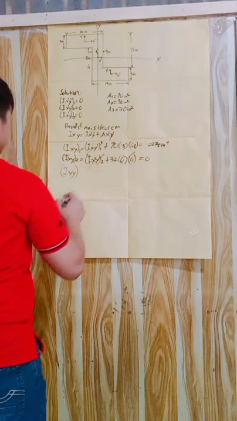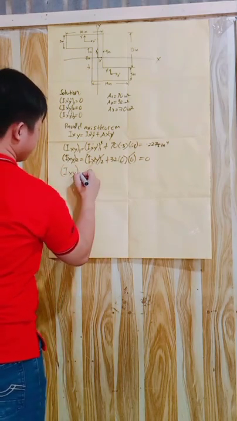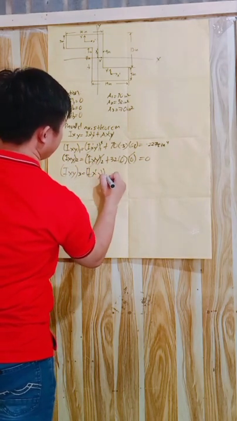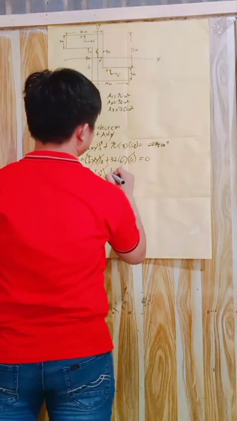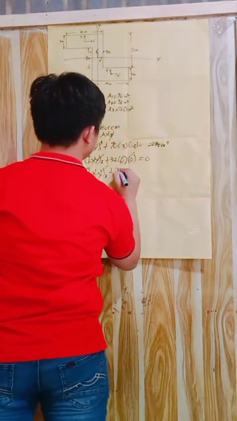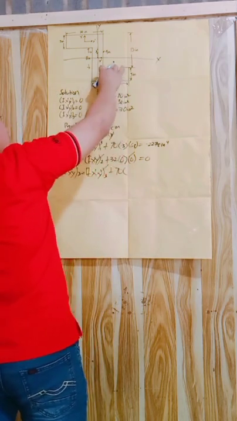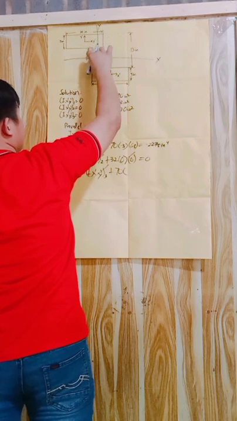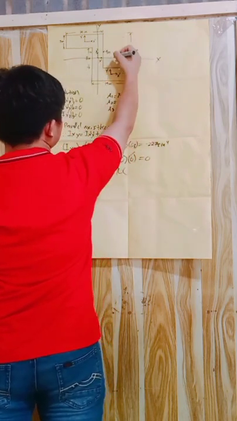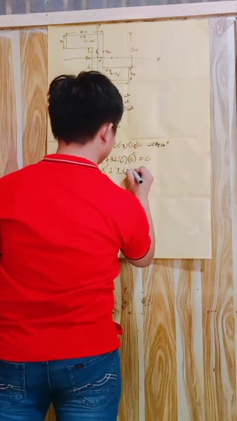So Ixy of 3 is equal to Ix'y' of 3. So this will cancel. Plus, what is the area of this? 70. Multiplied by the distance of the centroid to the origin axis, which is positive 5 because it is on the positive x-axis. So times 5.